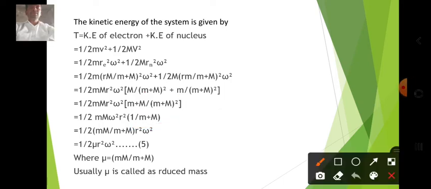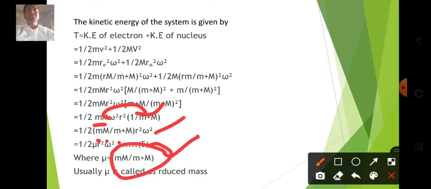Okay. Now write these terms inside a bracket. Then M m by M plus m, right? This M m by M plus m can be written as mass multiplication by mass addition.